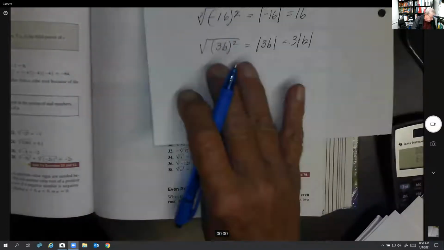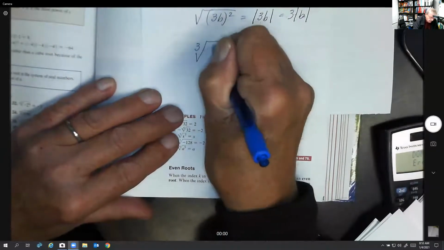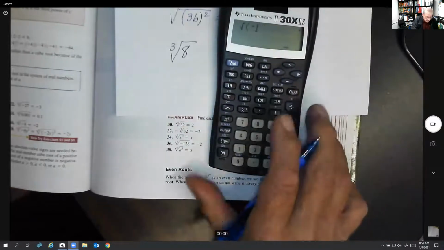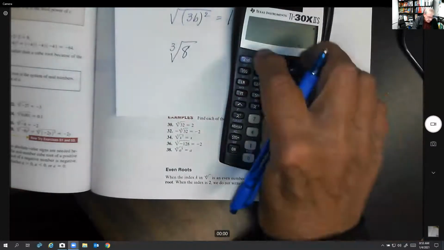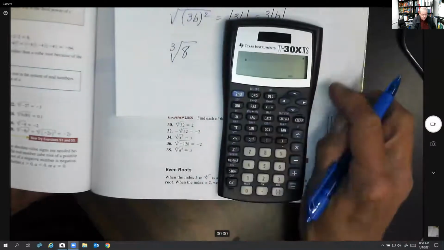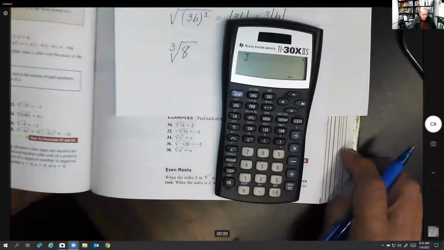We also mentioned earlier that we can have cube roots. Let's say we want to do a cube root on this calculator. If you want to find a cube root, you have to put in the cube root index first. So let's clear this out. We put in the 3 first.